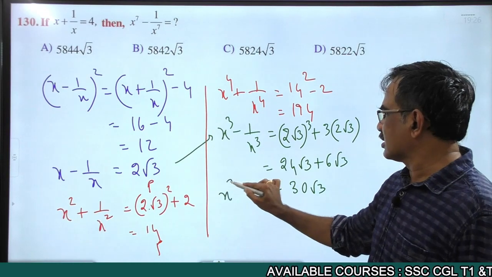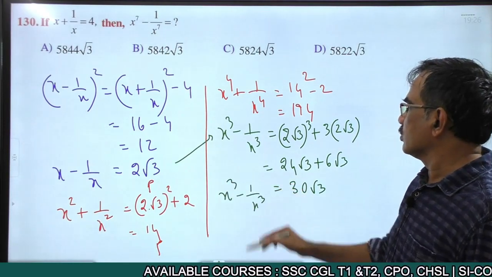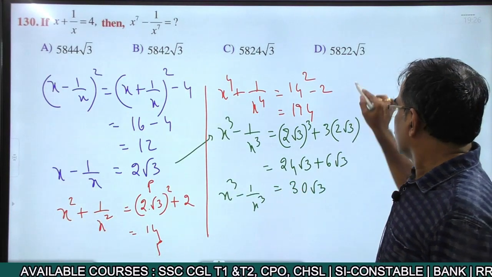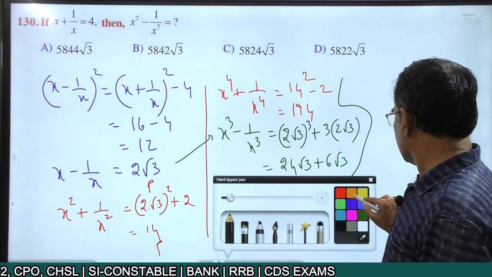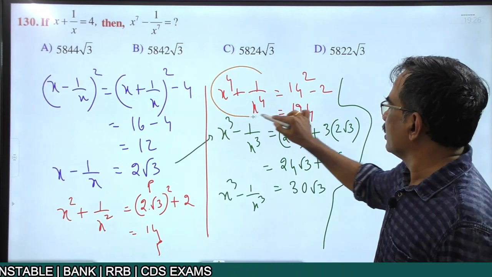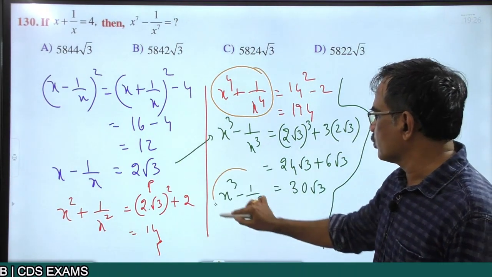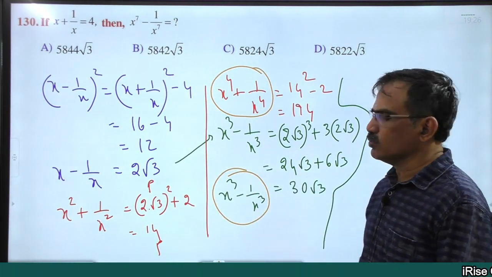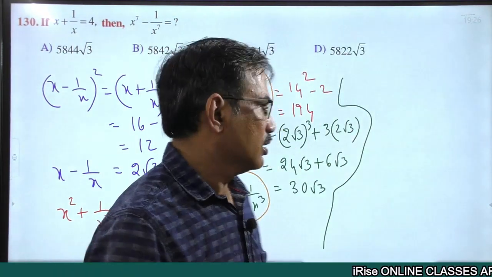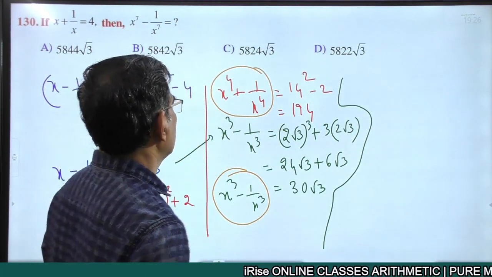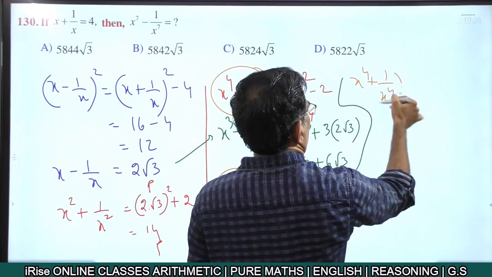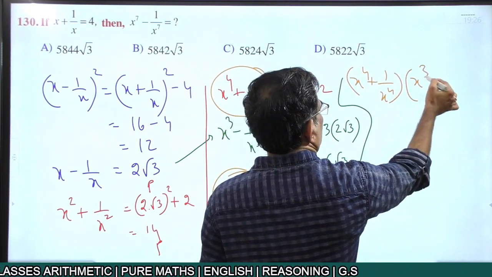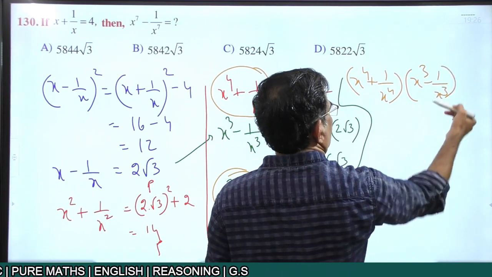This is x cube minus 1 by x cube. Then after finding this, I want to multiply x power 4 plus 1 by x power 4 and x cube minus 1 by x cube. If you multiply these two, what happens?